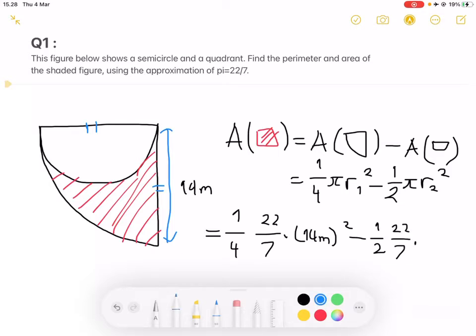Well, if you look at this, this length is also 14 meters. And if you notice, this length right here is not actually the radius, but it's actually the diameter. Therefore, we can just divide it by 2. That means the radius of this will be 7 meters.